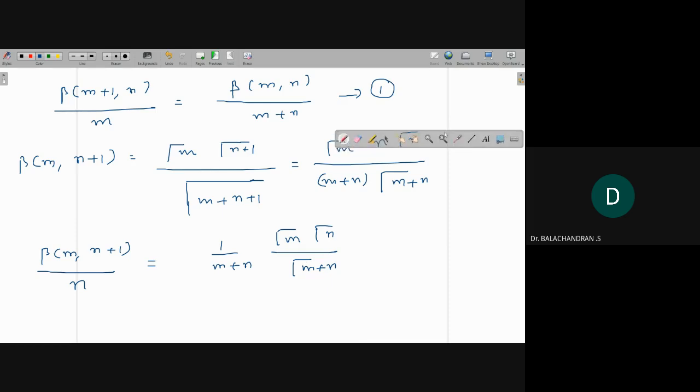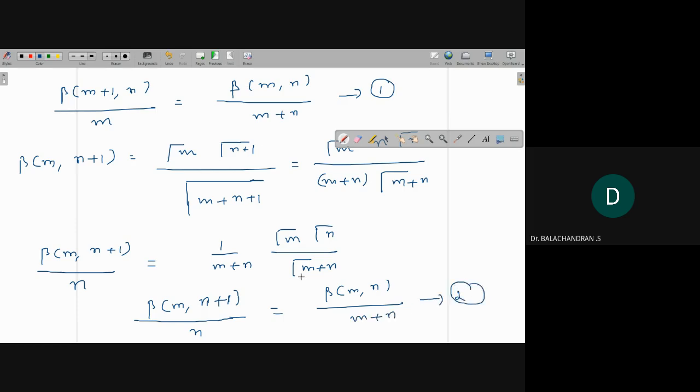So from this we have beta of m comma n plus 1 divided by n is equal to, you know that this is beta of m comma n divided by m plus n. I call this 2.